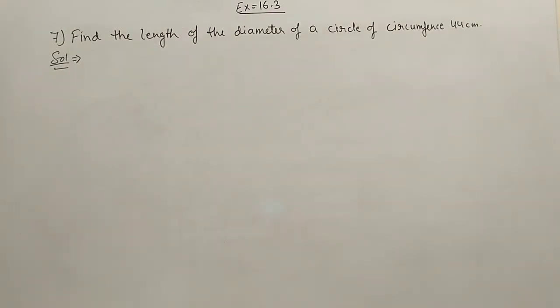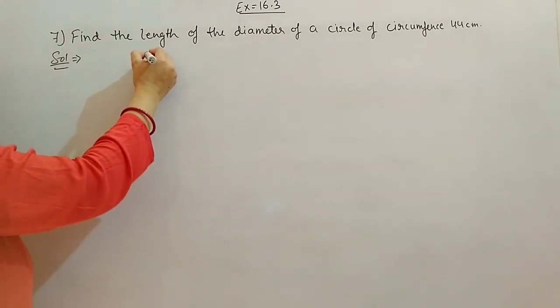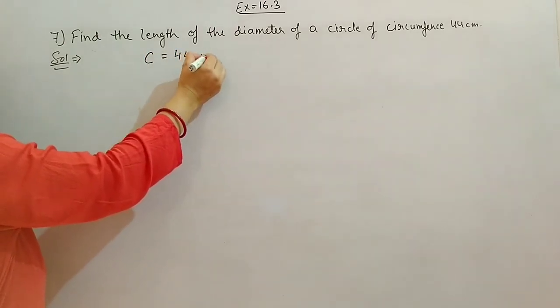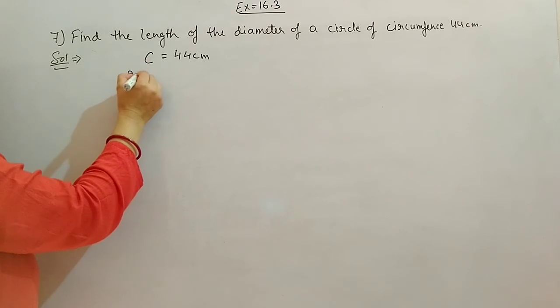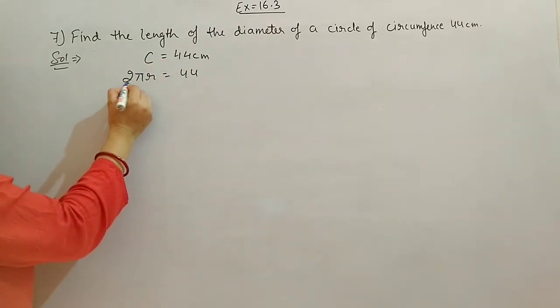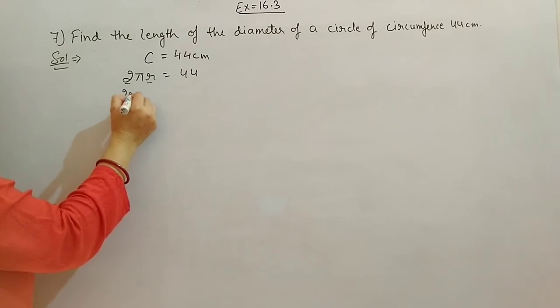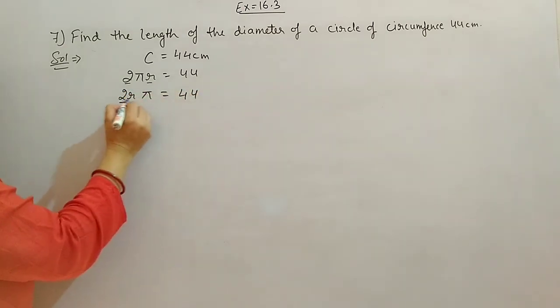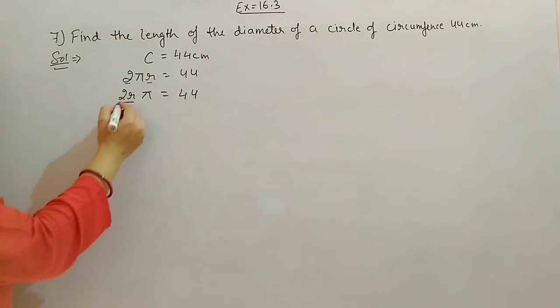Next, question number 7. Find the length of the diameter of a circle of circumference 44 centimeter. Here the circumference is given as 44 centimeter, and the circumference formula is 2 pi r is equal to 44. 2r into pi is equal to 44. 2r we can write as d, diameter.